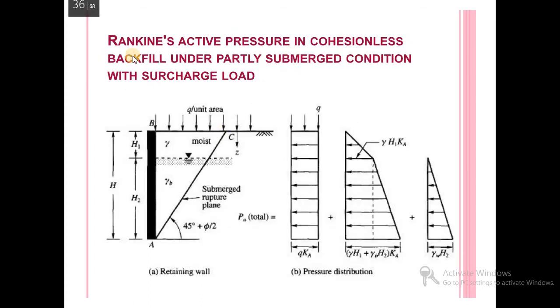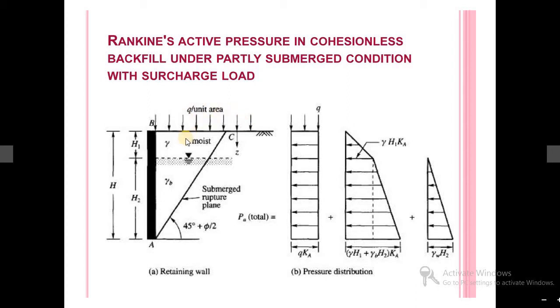So the next case is Rankine's active pressure in cohesionless backfill under the partially submerged condition with surcharge load. If the water table exists in between, it is called a partially submerged case. Here this is the moist area, and here it is the submerged area.